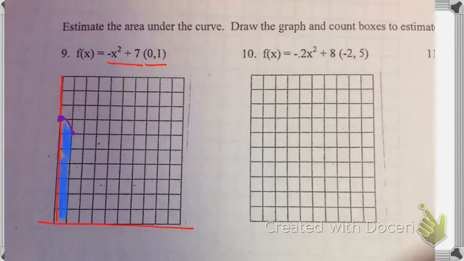So what we're going to do is count boxes. And I know it seems kind of silly, and this estimation's kind of silly, but that's usually the process that we use. So there's 1 box, 2, let's go back just a second. I shouldn't have done that one. There's 1, 2, 3, 4, 5, 6. 6 full boxes, and part of another box.